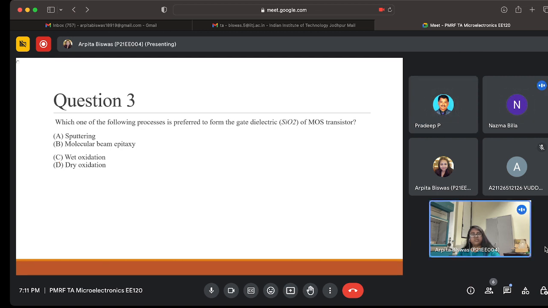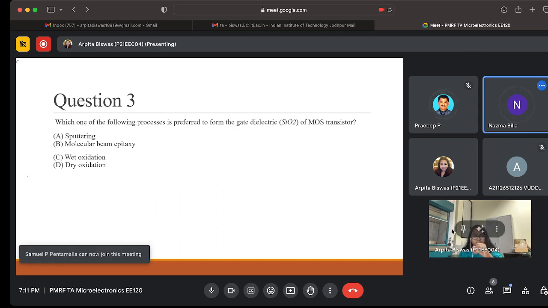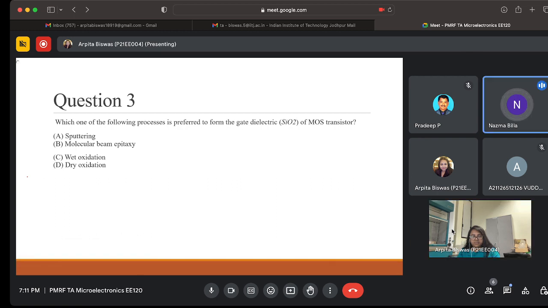Can you tell me what is the difference between dry oxidation and wet oxidation? Madam, silicon in reaction with H2O we call wet oxidation, forming SiO2. Okay. Silicon with only oxygen will give you dry oxidation, forming SiO2.